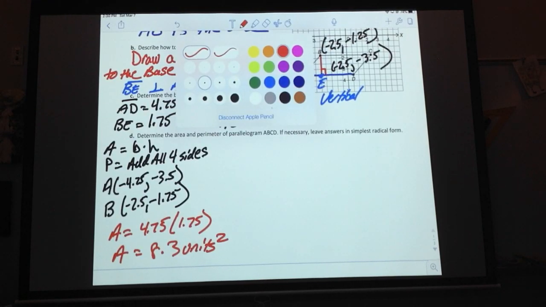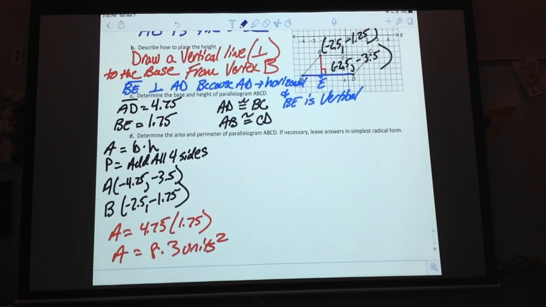Now that I have that, I'm down to perimeter, which means I really just need to find AB because I know CD is the same as AB. And I already know that BC is the same as AD. That's 4.75. So far I have 2 out of the 4, and once I find the third, I have the fourth. So let's find the distance of A to B.